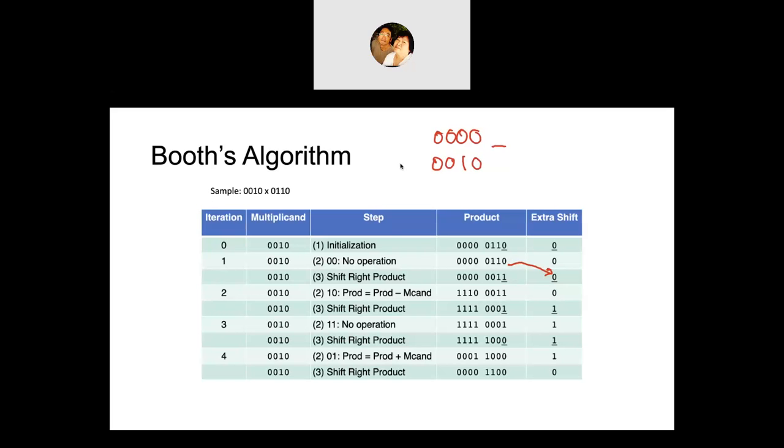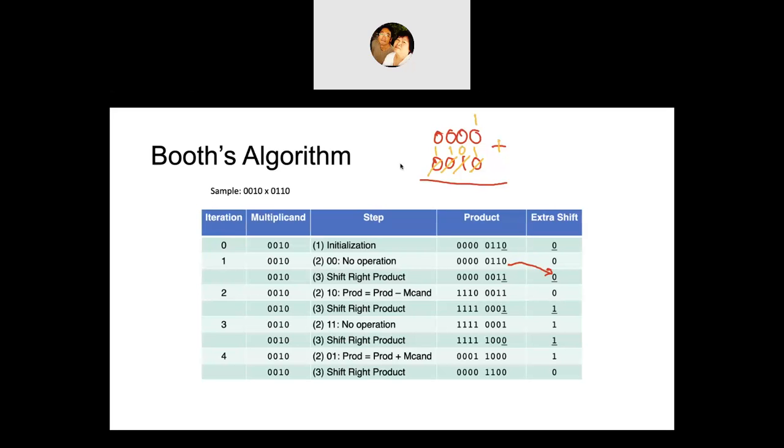How can we do this subtraction? What I prefer is to change it to plus, and I change the bits to 1, 1, 0, 1, and I have the carry in as 1, and I do just the simple add.